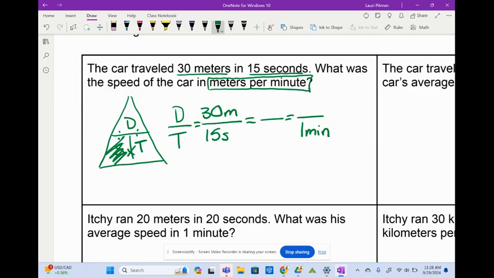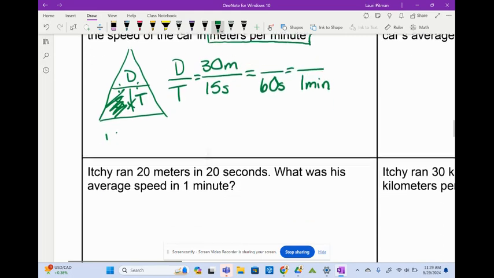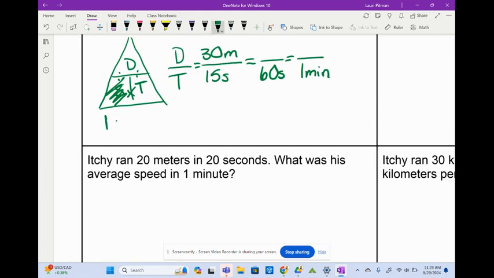Well, I know that 1 minute is 60 seconds. So then you just have to ask yourself, okay, how do I get from 15 to 60? What type of math computation do I have to do? Well, I know that 15 times 4 is what's going to give me 60.